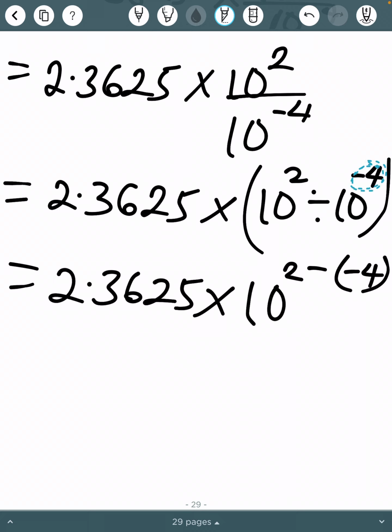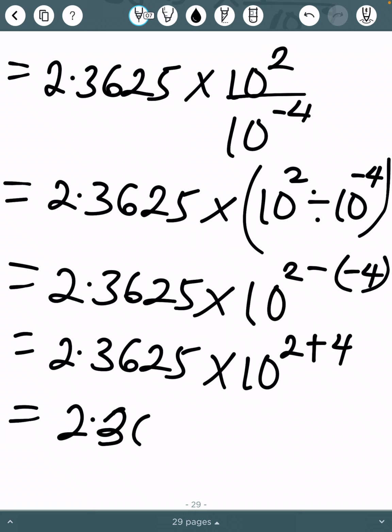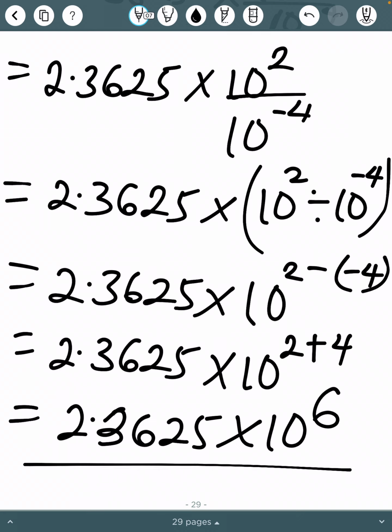That's how I get 2 plus 4. So my next step will be 2.3625 times 10 raised to power 2 plus 4. That gives me 2.3625 times 10 raised to power 6. And that's my final answer in standard form.